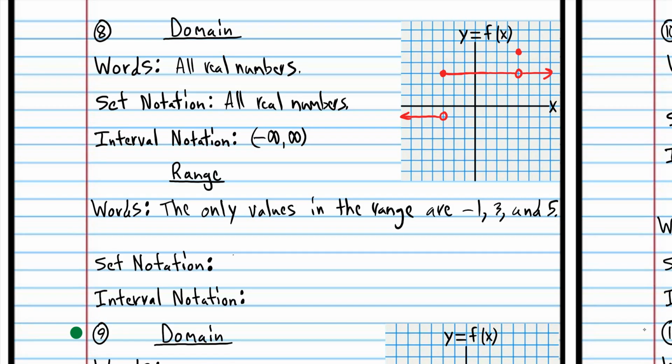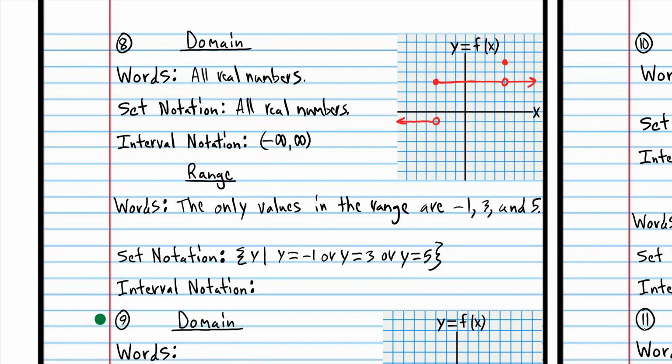In set notation, we say the set of all y values such that y is equal to -1, or y is equal to 3, or y is equal to 5. You may see this written in a more compact form, but that's good enough for this class.